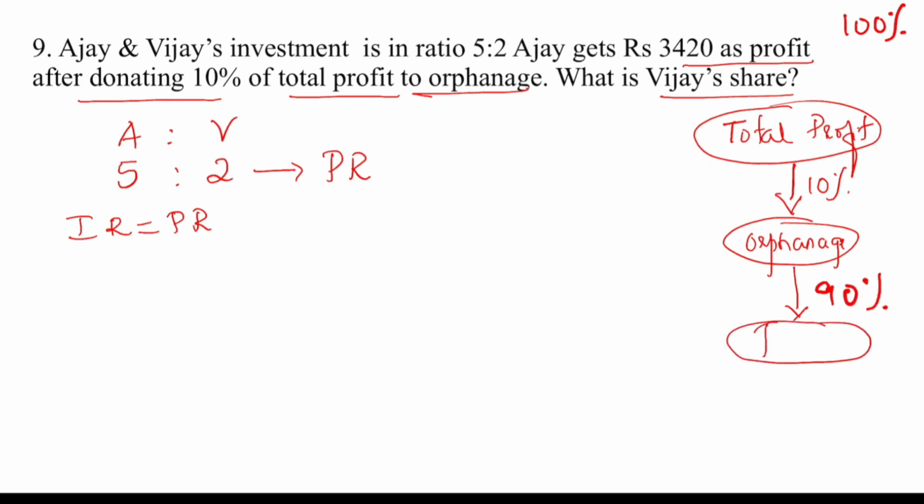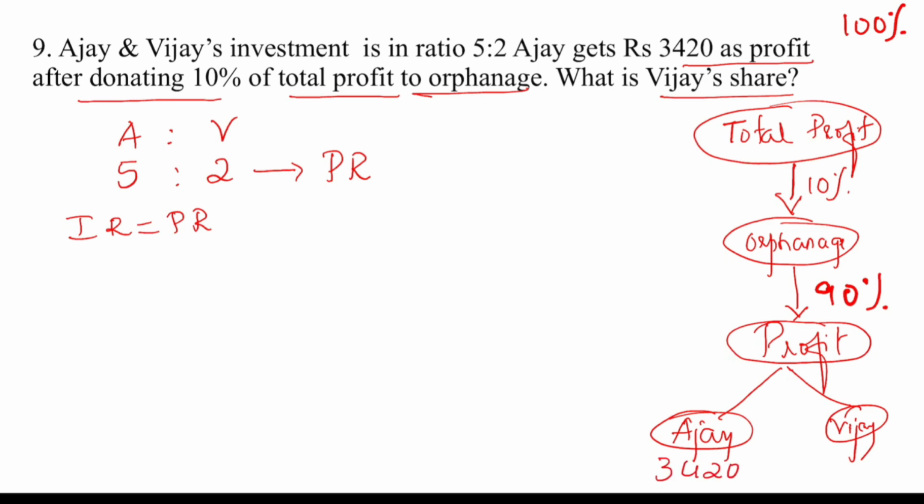So that 90% is the profit shared between Ajay and Vijay. After giving 10% to the orphanage, Ajay is getting 3,420 rupees. Then they are asking what Vijay's share is.